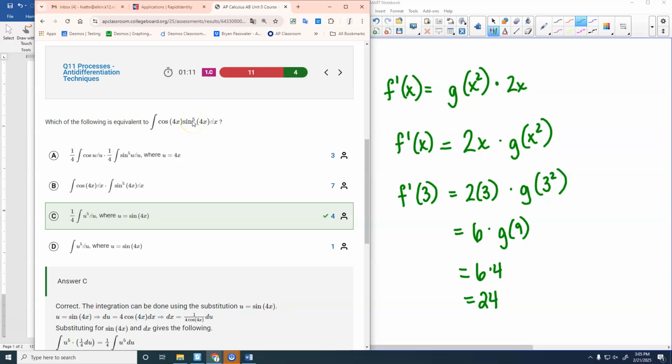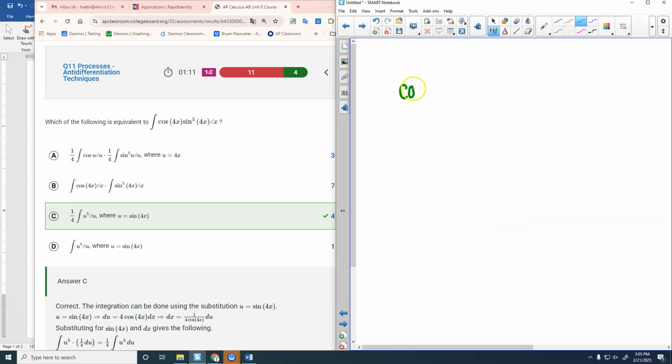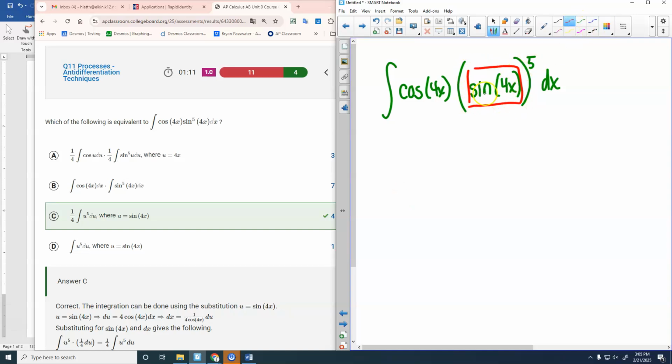So if you think of it being written like this, it's like cosine of 4x times sine of 4x to the 5th power. If they had written it like that, it would be a lot easier to see that that needs to be the u right there. And then your du, derivative of sine is cosine.